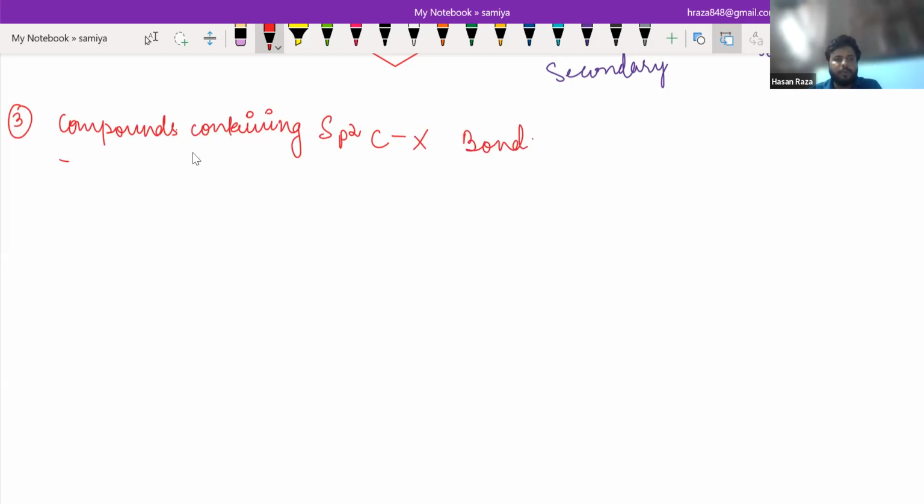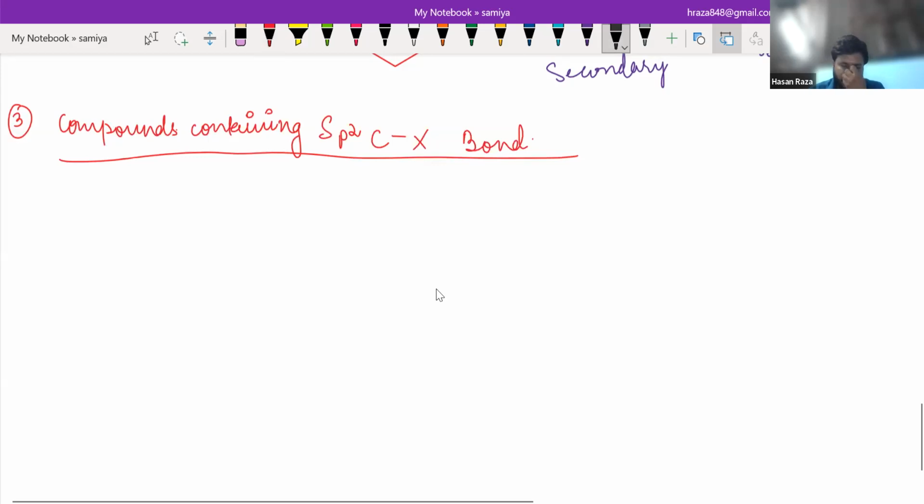Compounds containing sp2 C-X bond. So basically, the doubly bonded carbon is directly connected with X. In this, we have first vinylic halides.